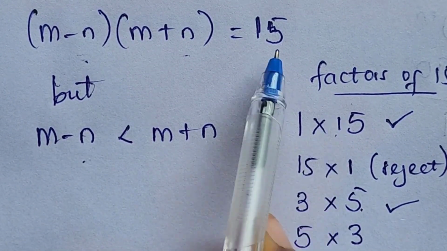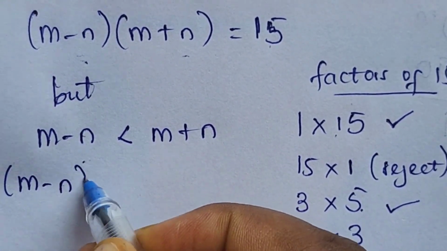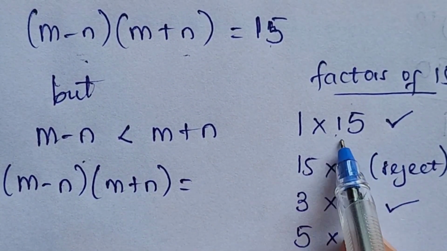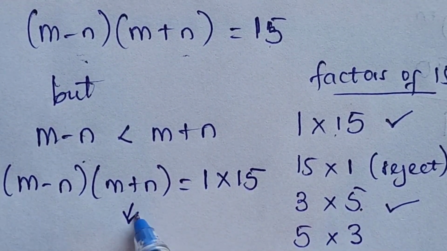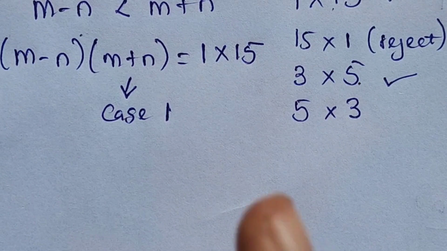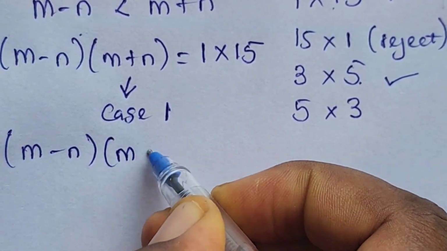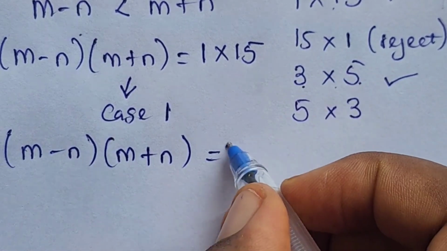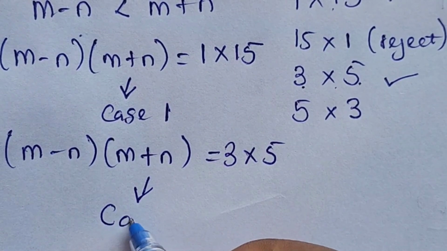Now inputting these factors for 15, we have m minus n times m plus n is equal to 1 times 15, which we can call case 1. And we can have m minus n times m plus n to be equal to 3 times 5, and this is case 2.